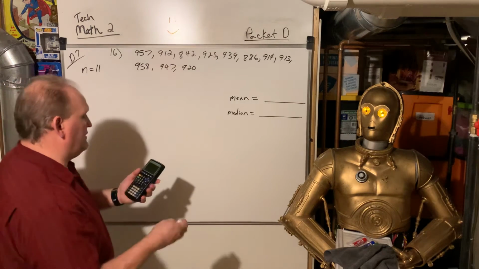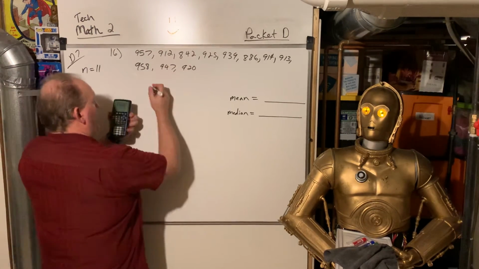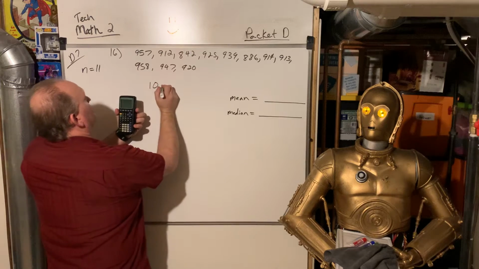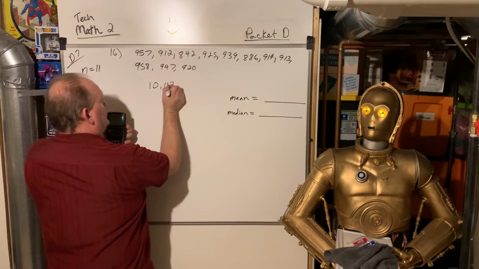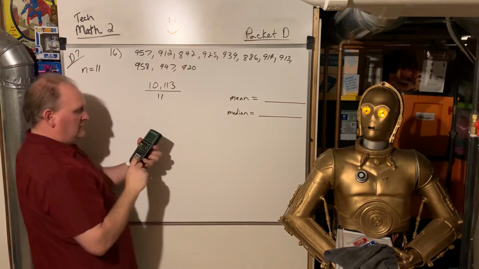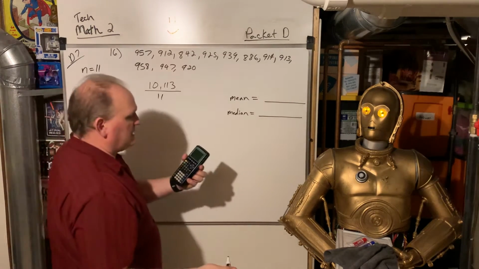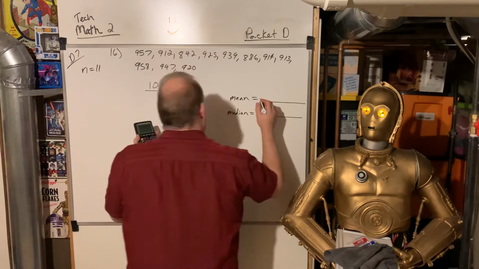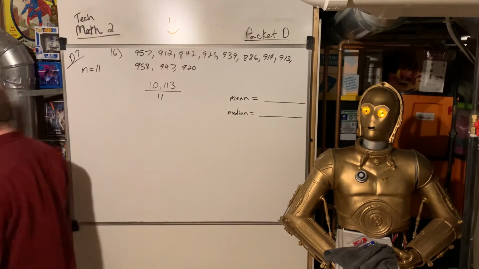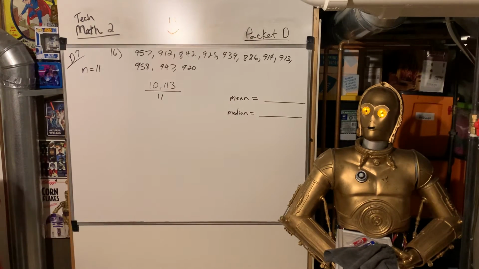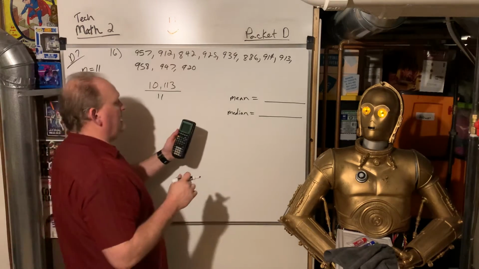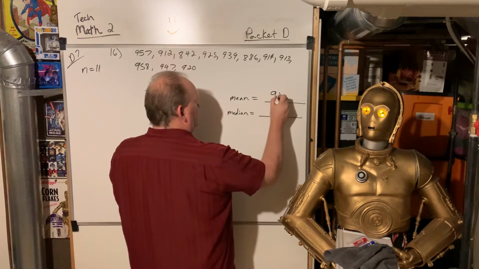You have to be careful when you add them all together. The sum is 10,113, and then we're going to divide that by 11. Divided by 11 is 919.363636 forever. So what do they want us to round? Round to the nearest whole number, so 919 is the mean.